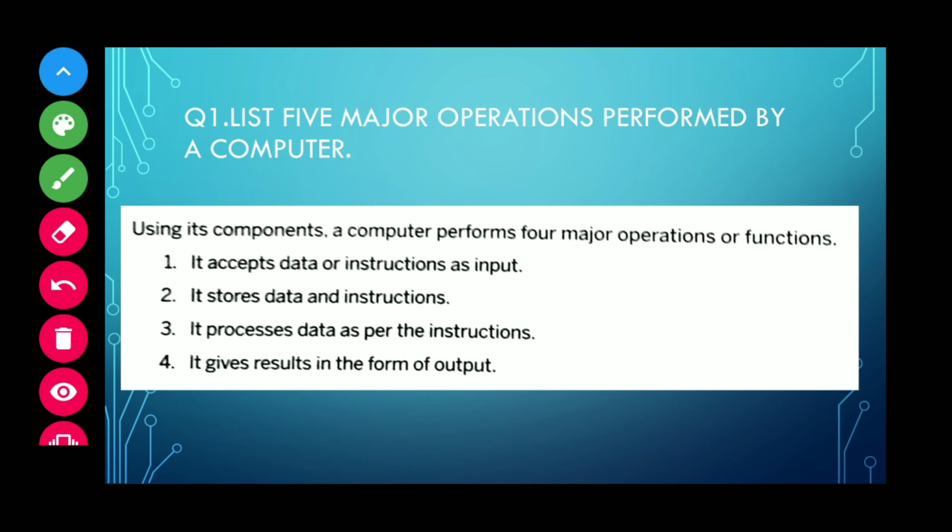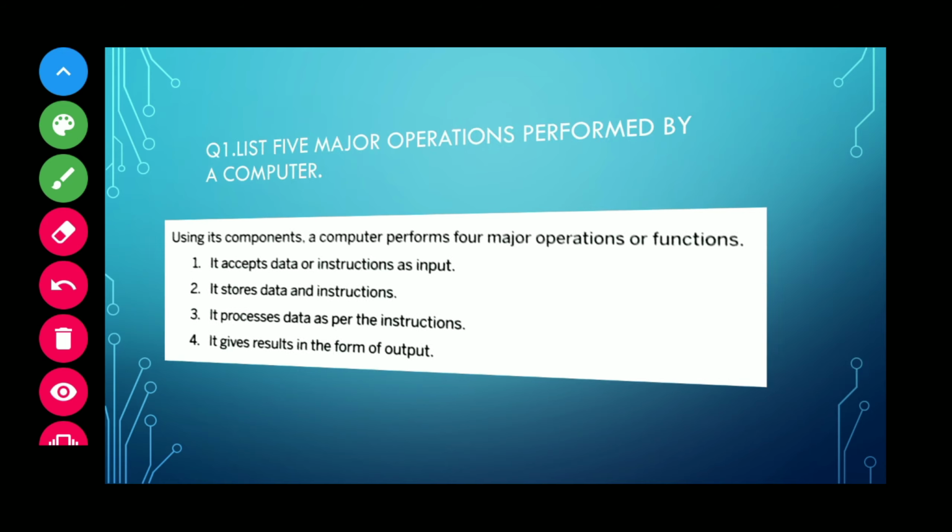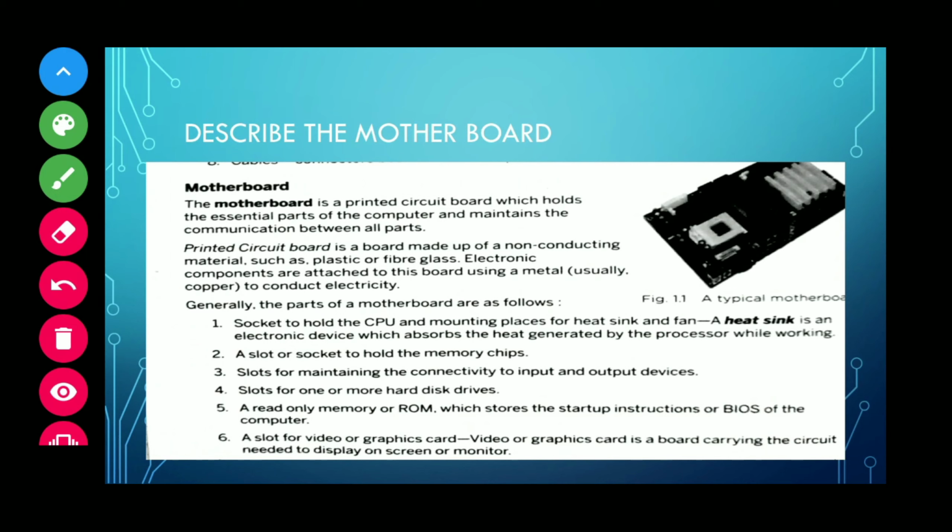Third operation, it processes data as per the instructions. Students, you can understand easily the major operations or functions are as they follow, which are given here. Now, it gives results in the form of output. It is given in your book also. So these are the first four. Now, describe the motherboard. Here students, we have to answer in a practical manner.